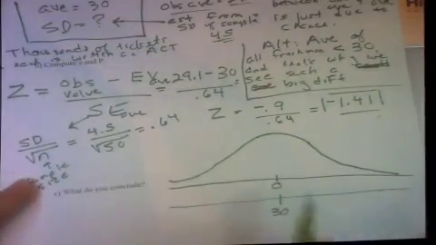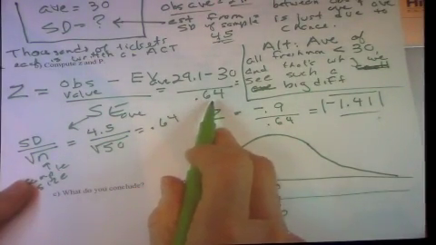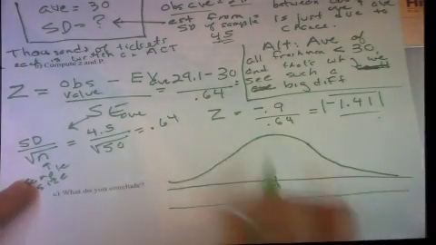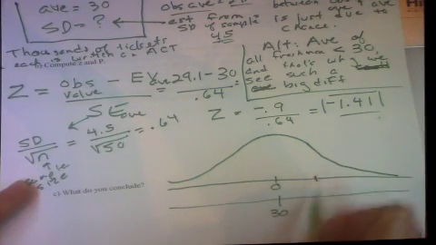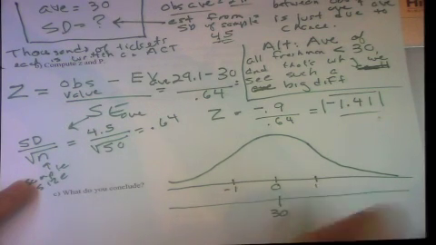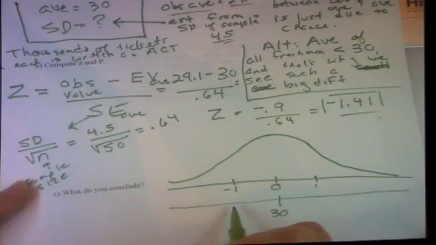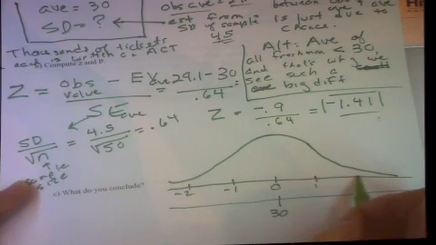And what this standard error tells us is that a z-score of 1 right here would be 30 plus 0.64, and a z-score of negative 1 would be 30 minus 0.64.